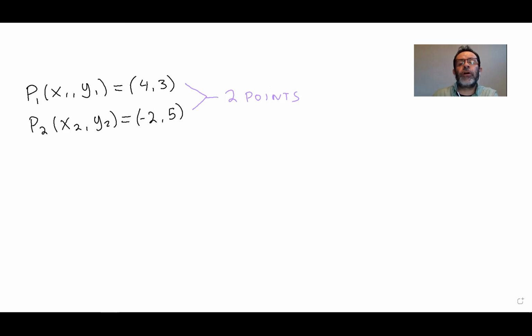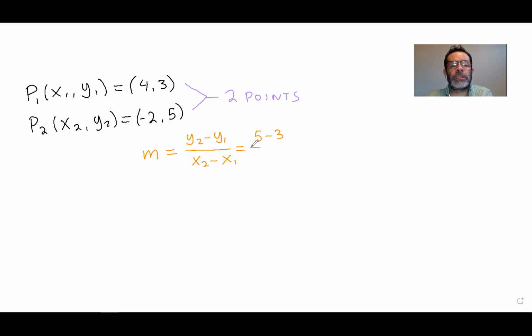So what we can do here is the following. We are going to first find the slope. The slope is equal to the change in y divided by the change in x. So the change in y is going to be 5 minus 3.